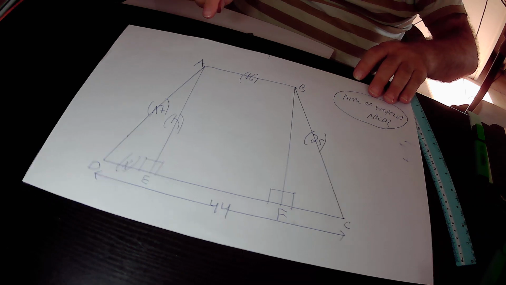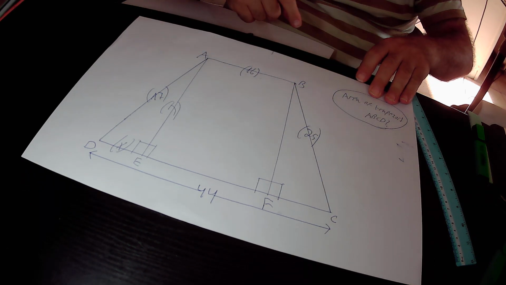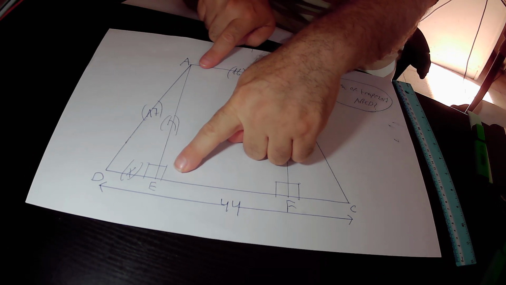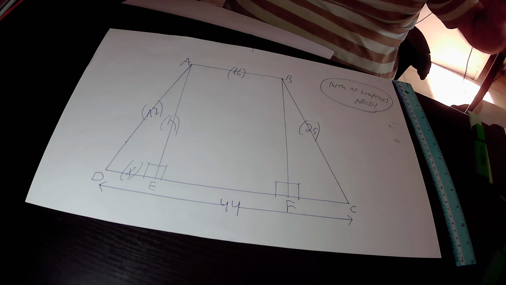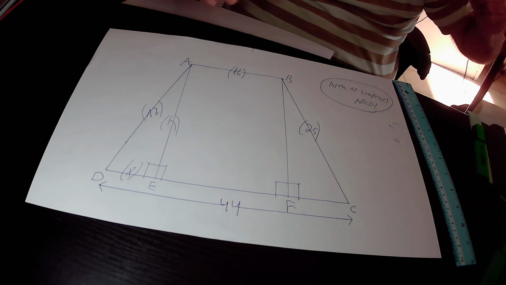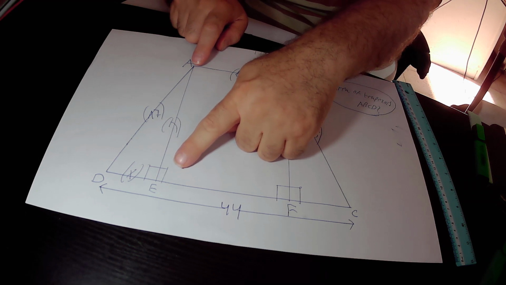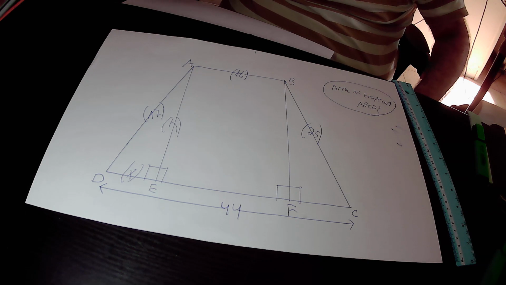We know that side AB is parallel to side DC. Therefore, those two angles are both located between the parallel lines AB and DC, and therefore they are defined as interior angles.